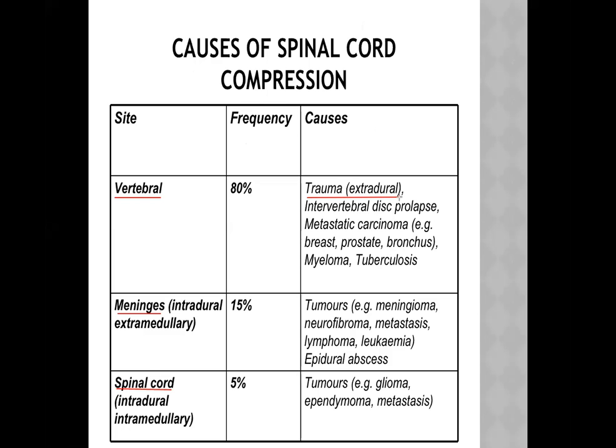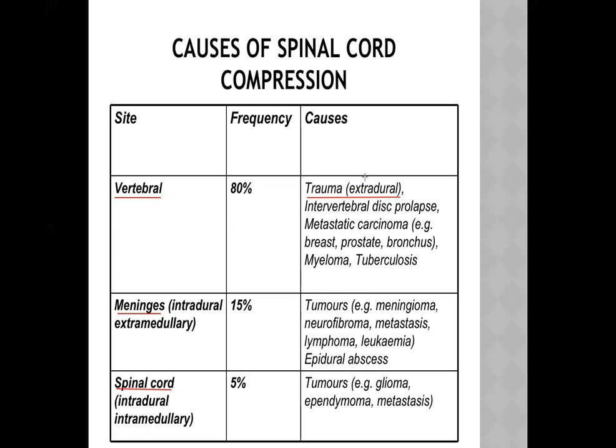Anybody remember? What we have discussed in orthopedics? It is known as compression fracture. Don't forget compression fracture of the vertebra, because once a vertebra is fractured, because of the body weight and the effect of gravity, that area is severely compressed. This is known as compression fracture.